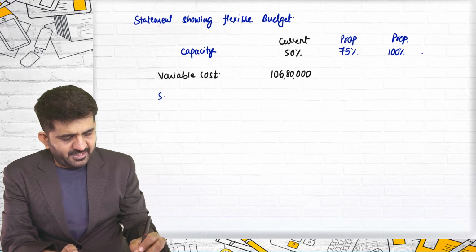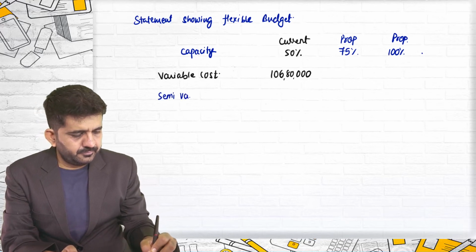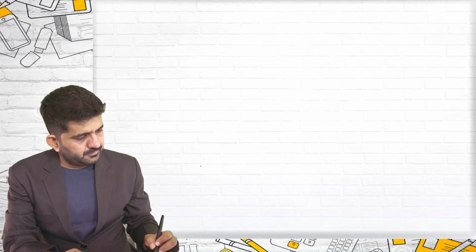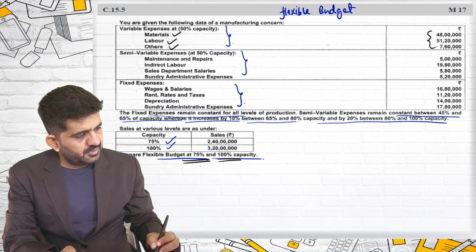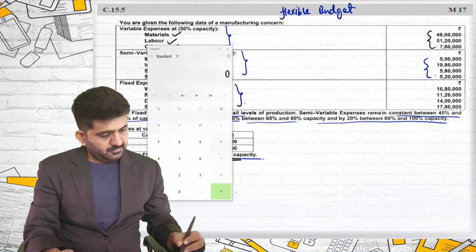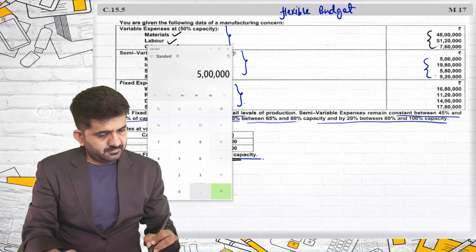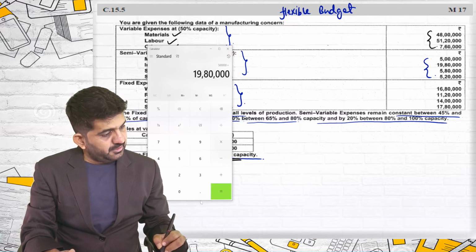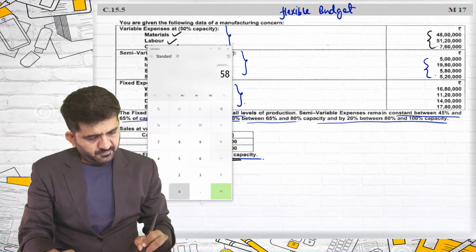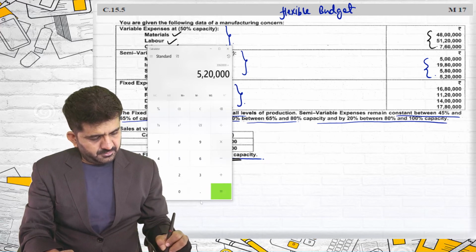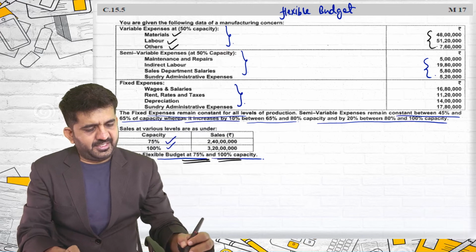What is semi-variable? Again, I am doing the total. Semi-variable is this. It is 5 lakhs plus 19 lakh 80,000 plus 5 lakh 80,000 plus 5 lakh 20,000, which is 35 lakh 80,000.